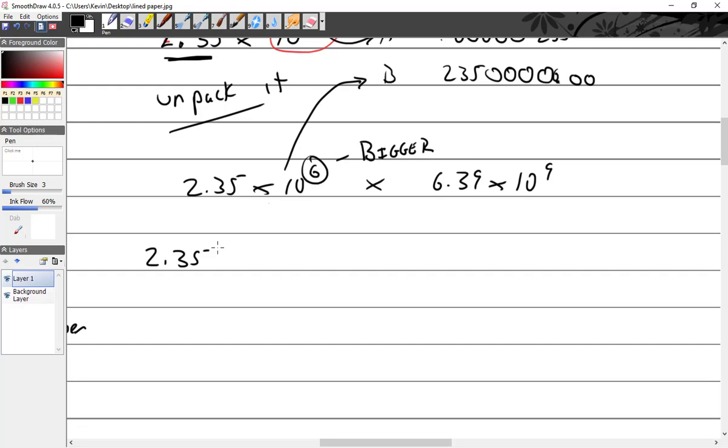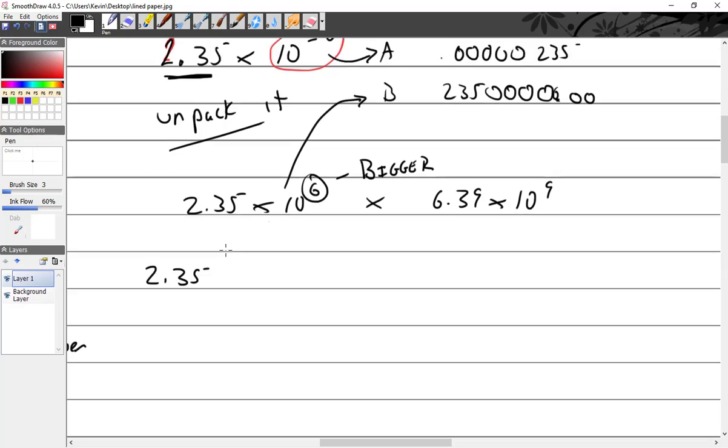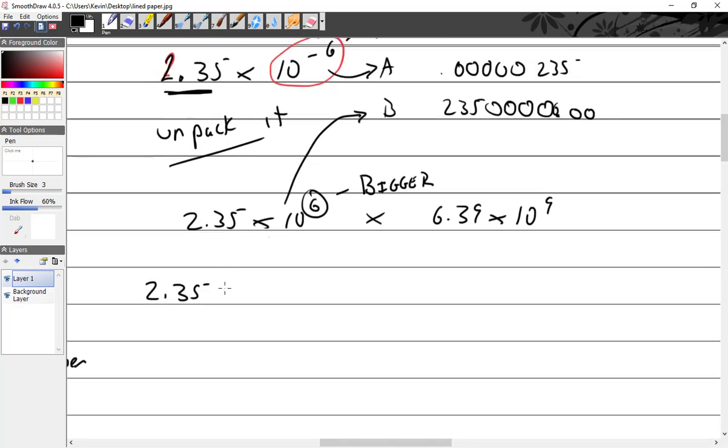And this particular one is going to be EE 6. So 2.35 EE 6 times 6.39 EE 9 equals. And that's going to give you my answer.